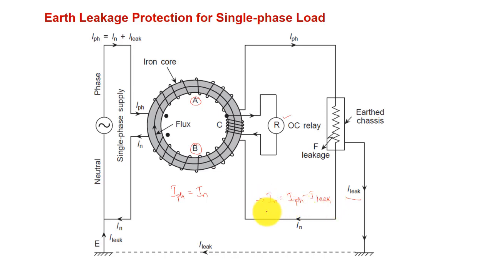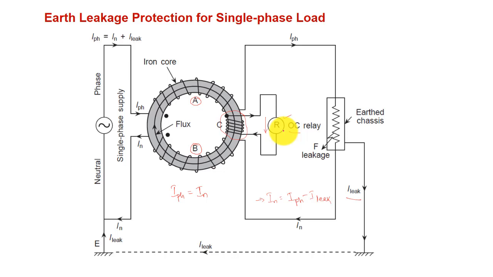Then the net flux produced in this toroid will have some effect, and it will produce an EMF in coil C, and therefore a current will pass through this overcurrent relay. In that way the overcurrent relay will operate, and it will trip the breaker or whatever switches are connected, right?